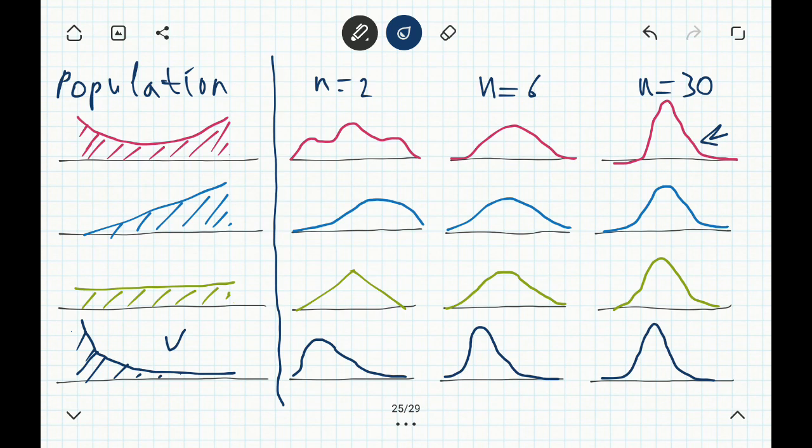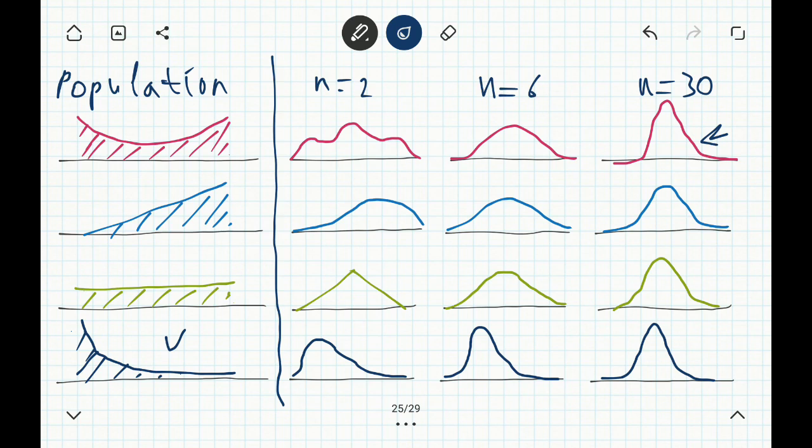Okay, so that's the law, that's the rule. Whenever you take a large enough distribution and you start sampling it, so you take all the possible samples of the same size and you look at the distribution of sample means, then for larger sample sizes, that distribution will tend towards normal distribution.